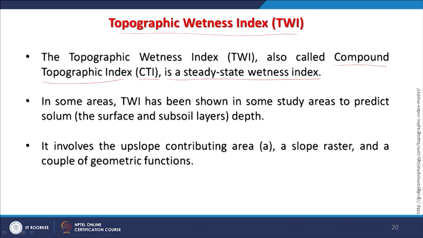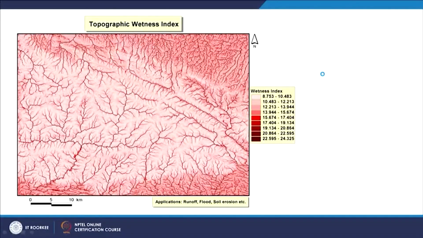And it involves the upslope contributing area, and the slope raster. Of course, you already have a slope map derived through a digital elevation model and a couple of geometric functions. This is the output based on the same digital elevation model for the topographic wetness index.